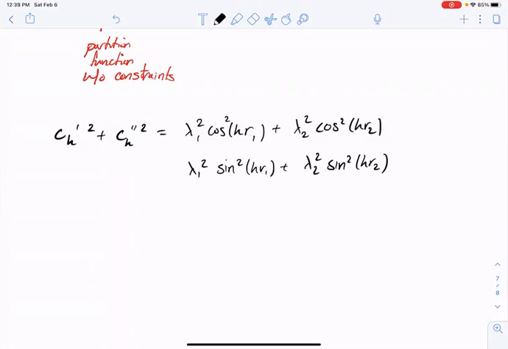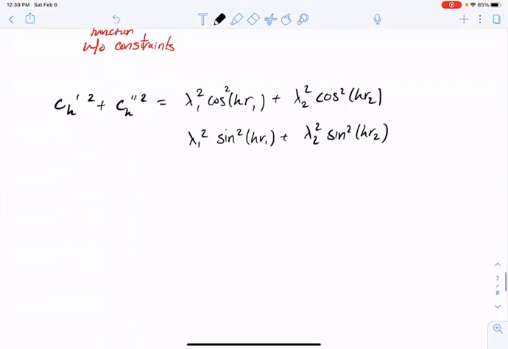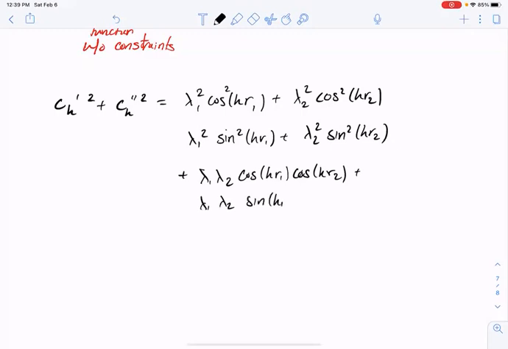And then mixed terms, lambda 1, lambda 2, cosine k R1, cosine k R2, plus another mixed term, lambda 1, lambda 2, sine k R1, sine k R2.